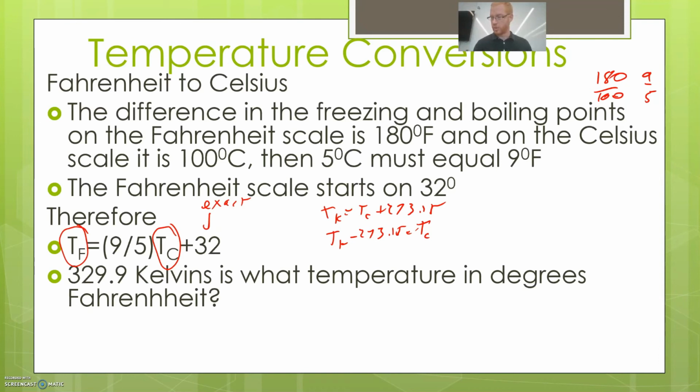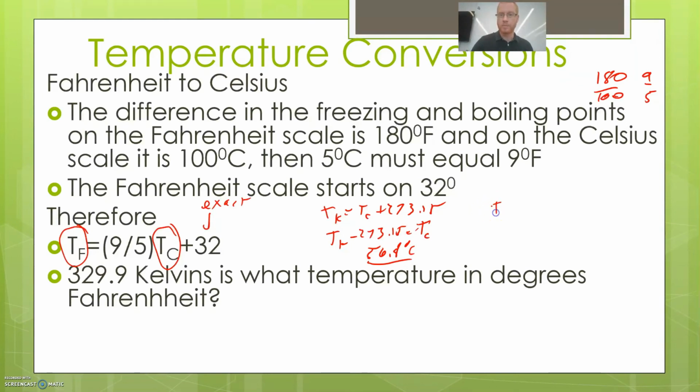All right, so 329.9 minus 273.15, so I've got 56.8 degrees Celsius. Now what I've got to do is change that into Fahrenheit.